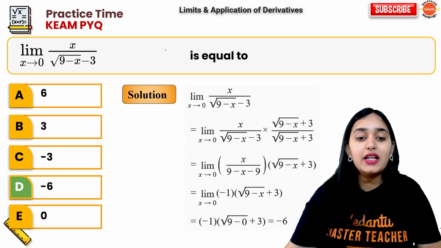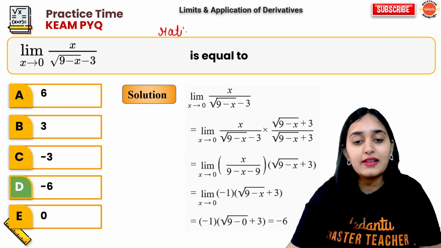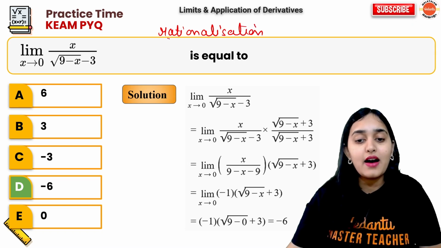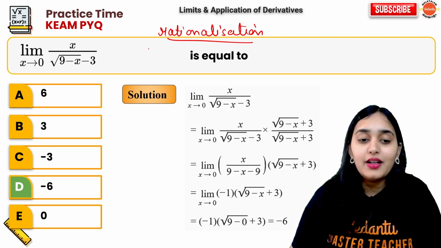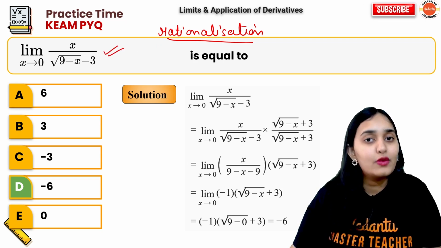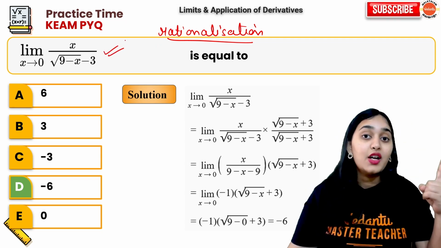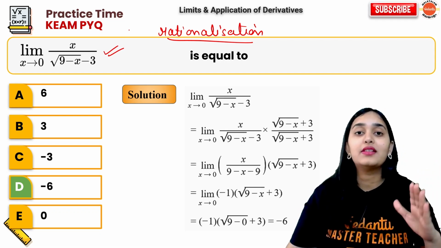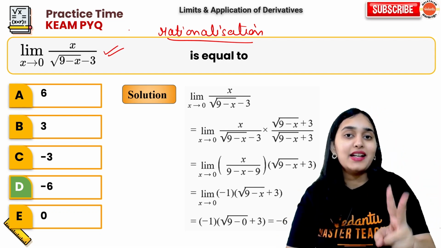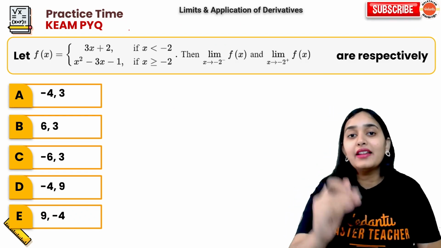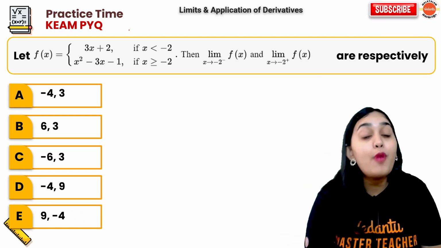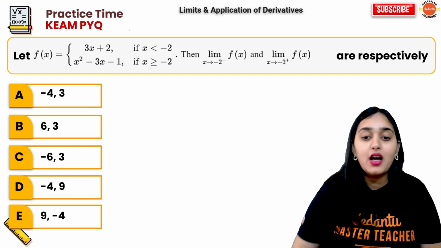Okay. So here we used rationalization as our method to eliminate the 0 by 0 form. So first we learned how to use the known formula. Second, rationalization.